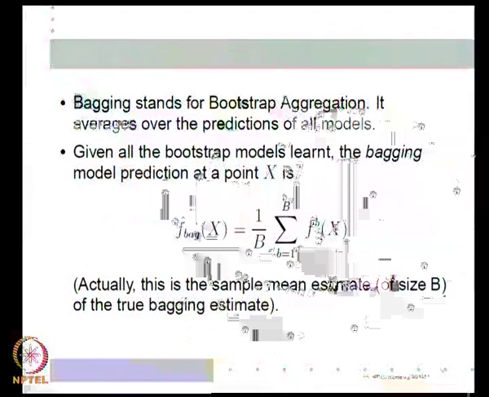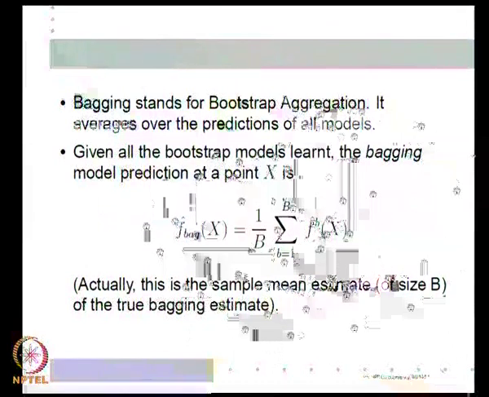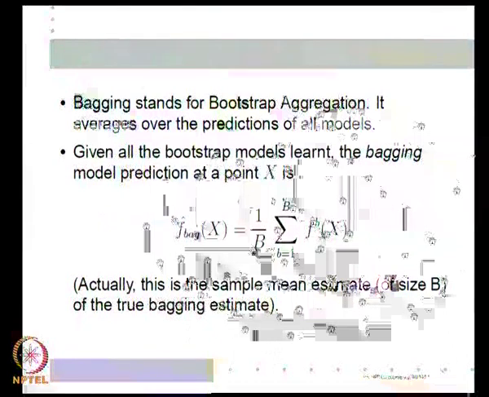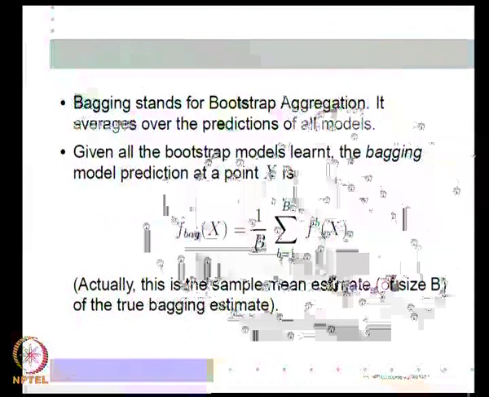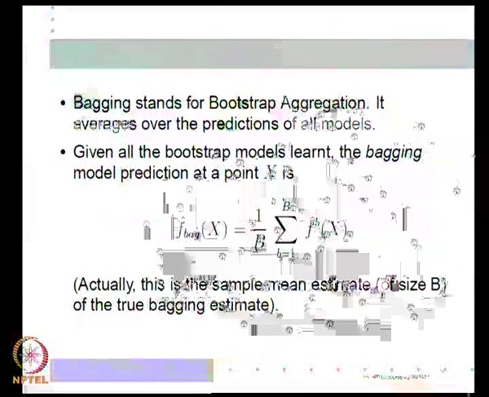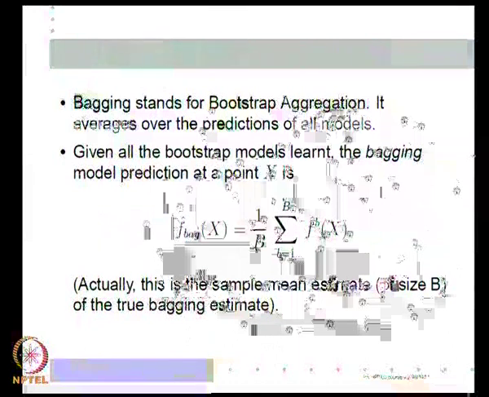So, for a random Bootstrap sample, what the model error is, is what the bagging estimate is. To get that, I just average over many specific actual Bootstrap samples that I derived. To be technically correct, this is a sample mean estimate of size B of the true bagging estimate, but that is just a minor mathematical precision problem. Essentially, a bagging estimate is to average out all the models you learned.